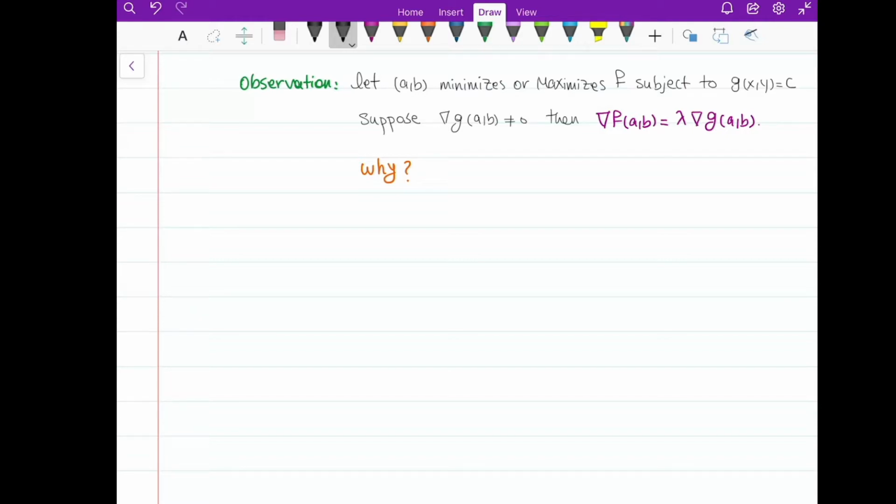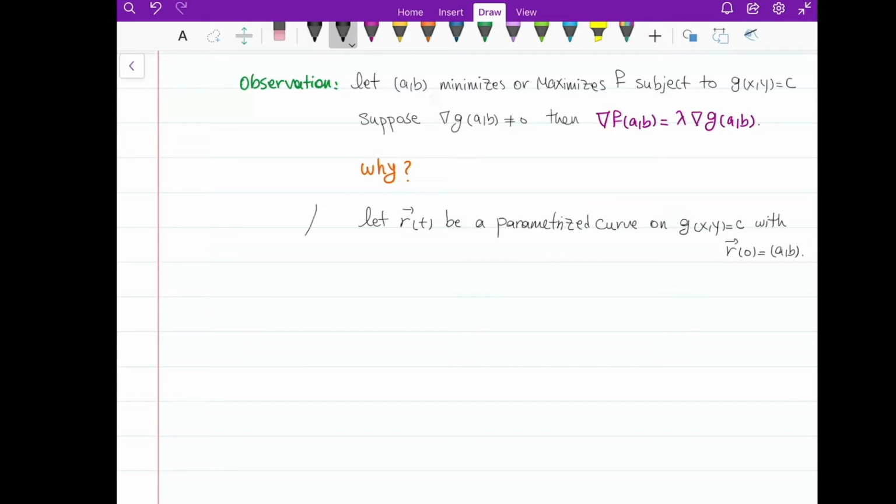Let r of t be a parameterized curve on the surface g of x y equals c, and at time 0 it passes the optimal point, the point a and b.